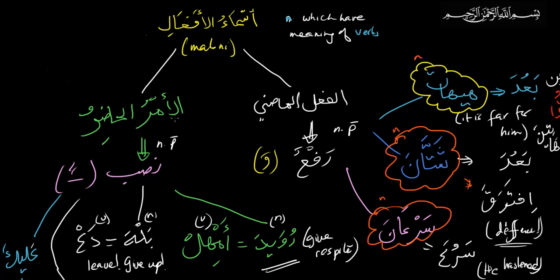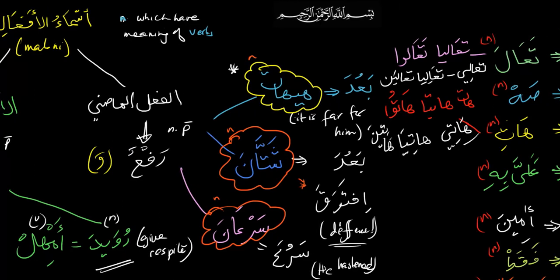If they come in the meaning of fi'l amr hazir, the noun after it will become mansub. Examples in fi'l madi form are hayhata, which has the meaning of ba'uda, far it is for him to do something like this.